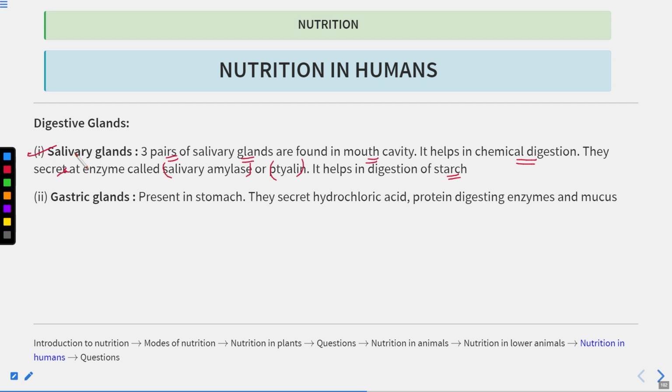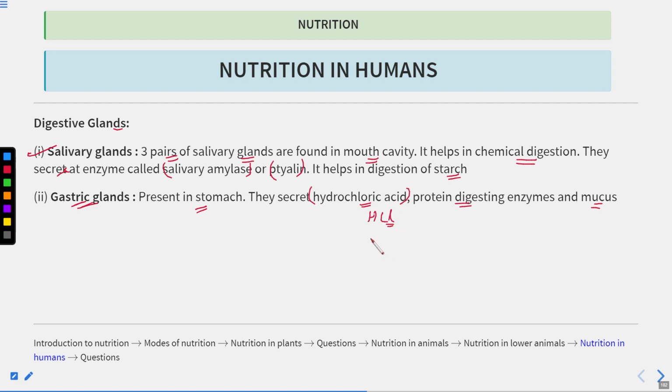Now, apart from the salivary glands, other digestive glands are also present, such as the gastric glands. The gastric gland is a primary digestive gland. It is present in the stomach and secretes hydrochloric acid, protein digesting enzymes and mucus. Hydrochloric acid, HCl, is very important.